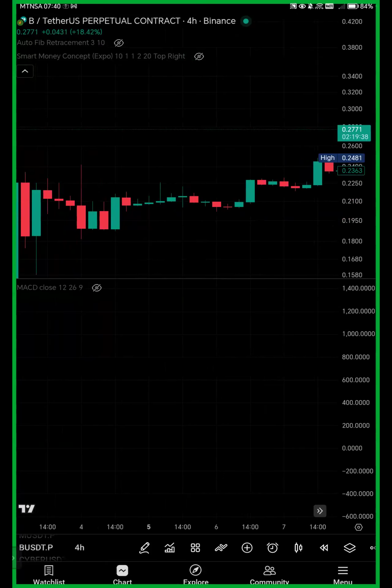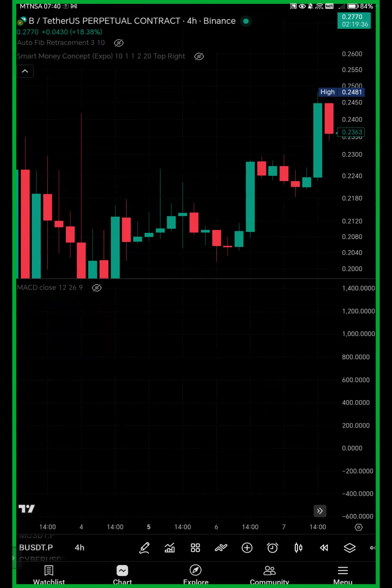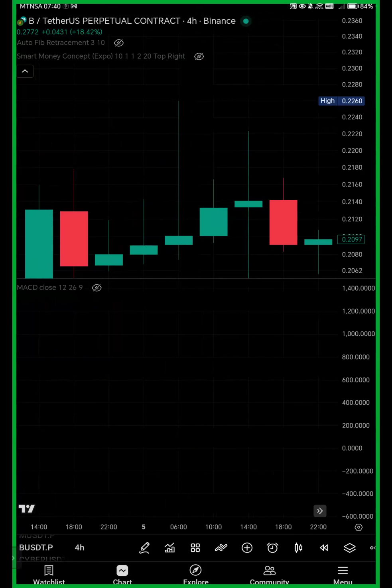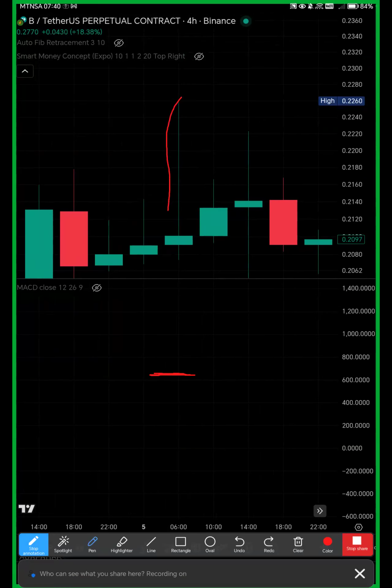I'm going to use this candle over here, this green candle with a long upper shadow. So I'm saying when a candlestick is having a long upper shadow and a short lower shadow, it simply means buyers flexed their muscle.